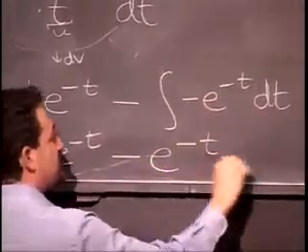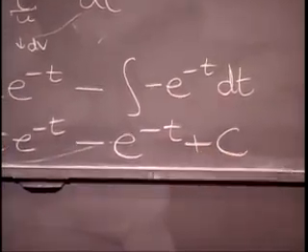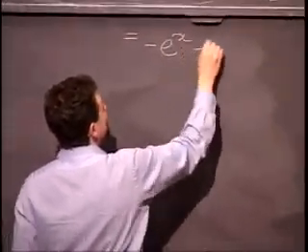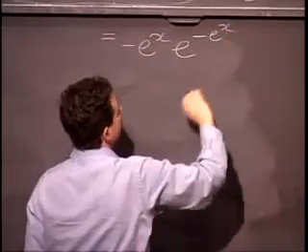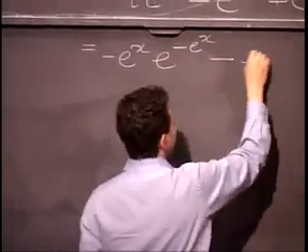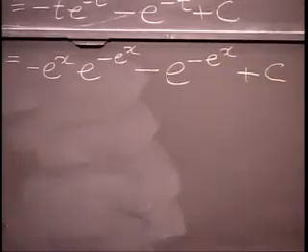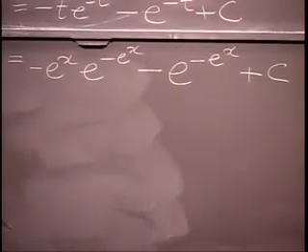So I think you get this expression here, unless I've made a mistake. Now, replace t by e to the x again, and you get minus e to the x, e to the minus e to the x, minus e to the minus e to the x. Be careful, these are minus e to the x's, not e to the minus x's. There's actually no minus x anywhere.